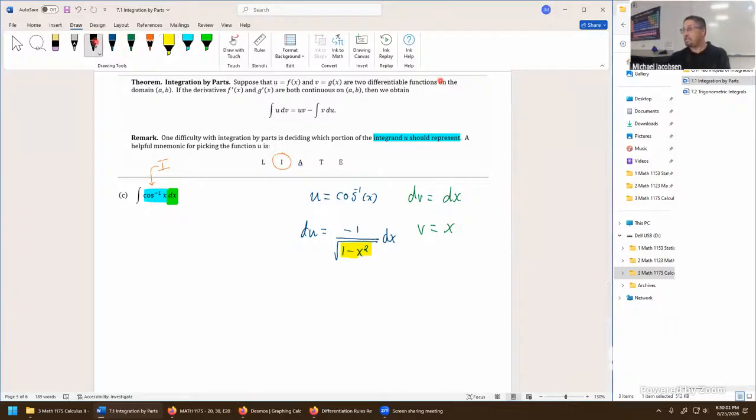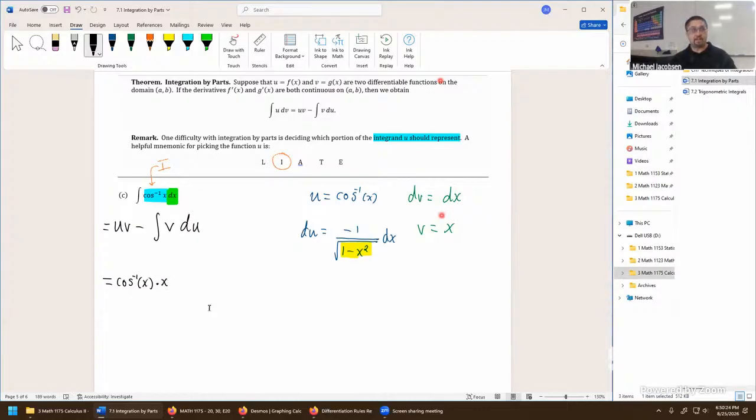Let's see what happens with this altogether. Again, I'm going to focus on the right side of the formula. Go uv minus the integral of v du, and then just drop in the quantities. u is cosine inverse. v is x, so we get cosine inverse times x.